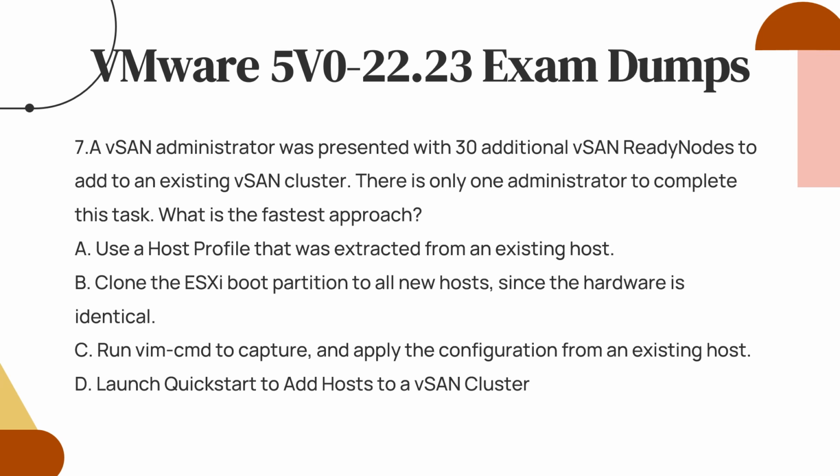B. Clone the SSH boot partition to all new hosts, since the hardware is identical. C. Run vimcmd to capture, and apply the configuration from an existing host. D. Launch QuickStart to add hosts to a vSAN cluster.